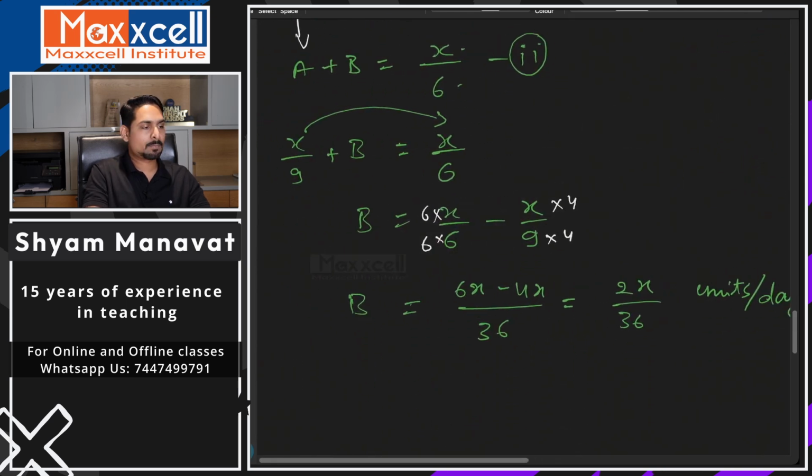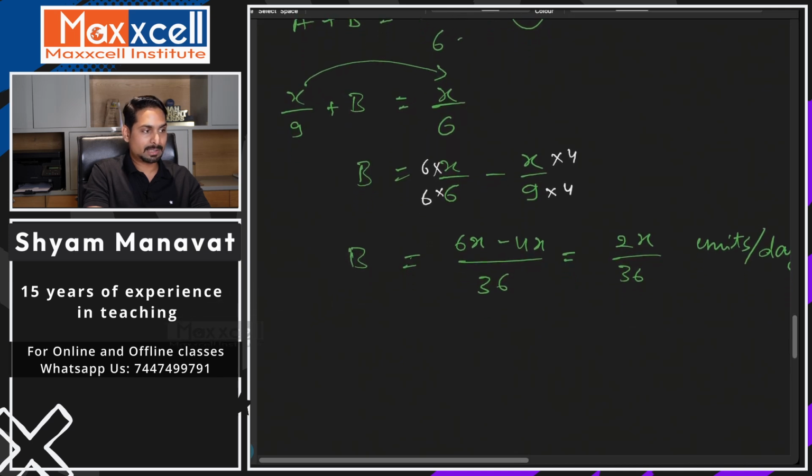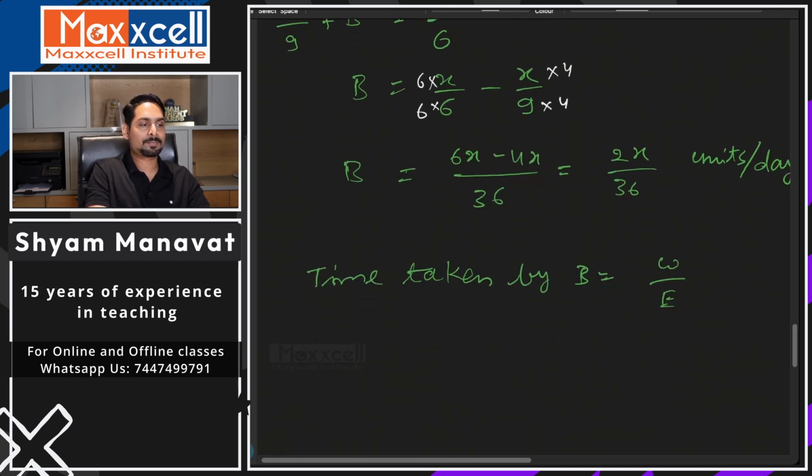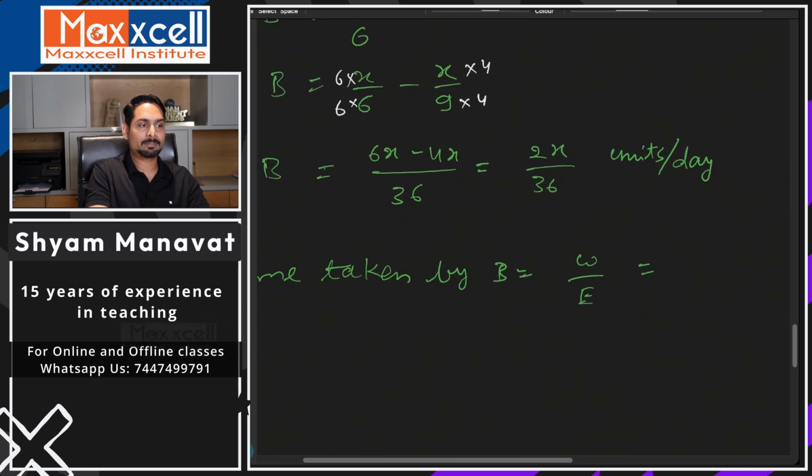Now that's not the answer. The question said find the time taken by B. So time taken by B should be equal to work done by B divided by efficiency of B. Work done by B, the question wants B to do the entire work, so that is X divided by efficiency.